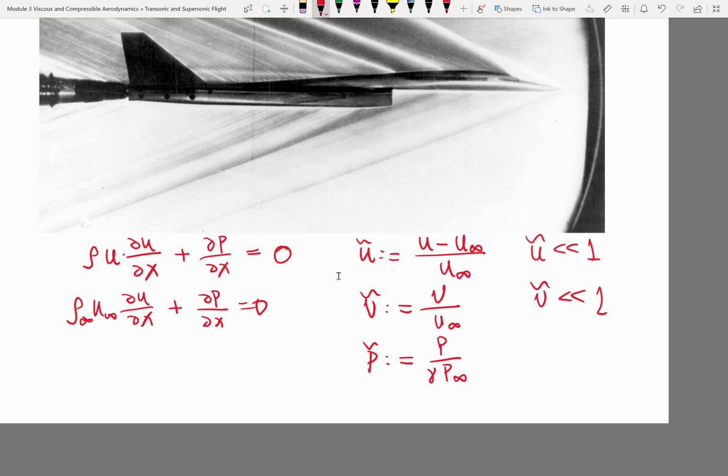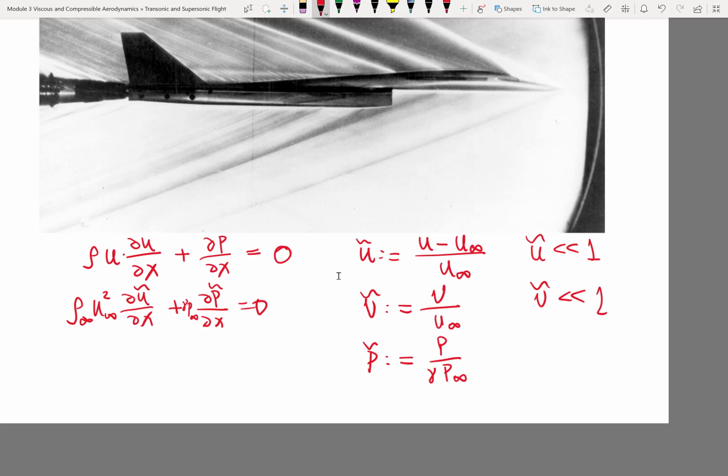So I have u infinity squared over here, right? And the u becomes u tilde, because I'm dividing by u infinity; u divided by u infinity is equal to u tilde, right? There is a constant term which doesn't matter when you're taking derivatives. And the p, if you transfer that into p tilde, I have to multiply by a gamma p infinity, right?